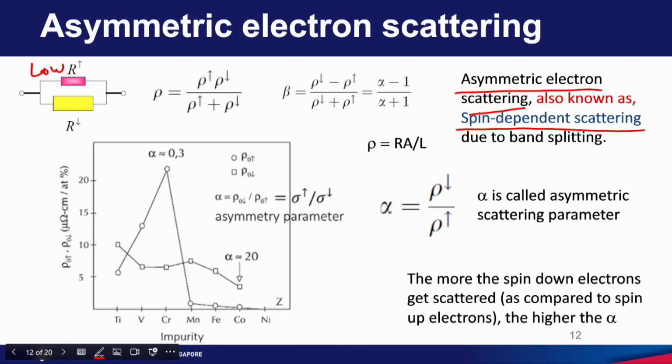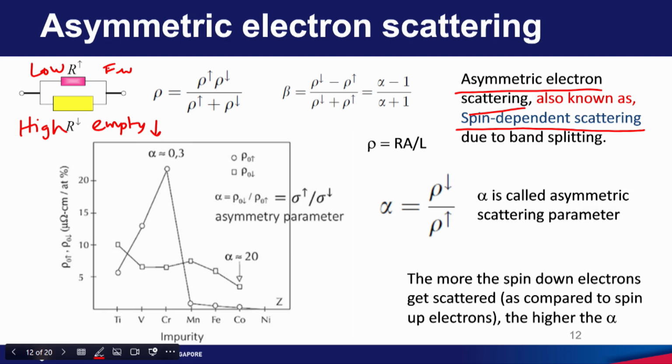Spin down electrons get scattered more, so they have a high resistance path. And this is coming because there are very few available empty states for the s down electrons to get scattered.